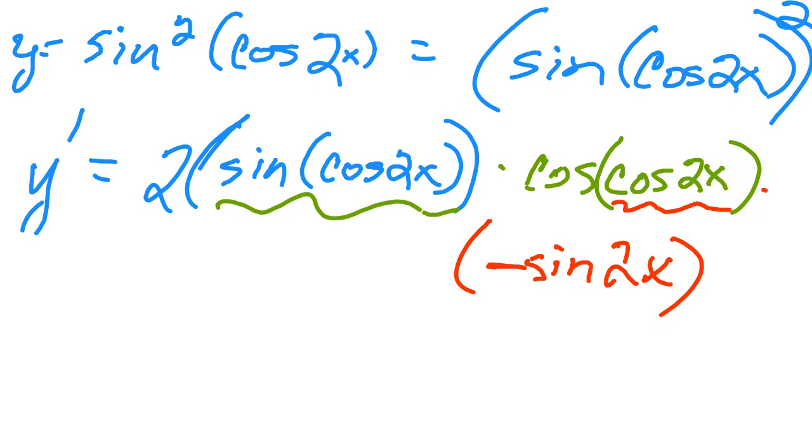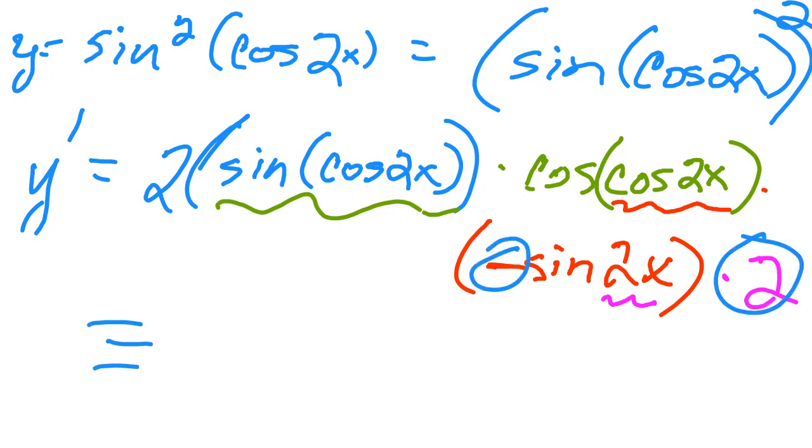Make sense? And then you just simplify that all together. So it ends up being equivalent to minus 2 times 2, which is 4, so it's minus 4.